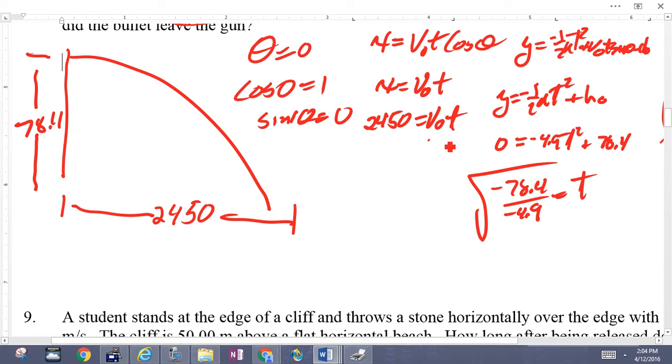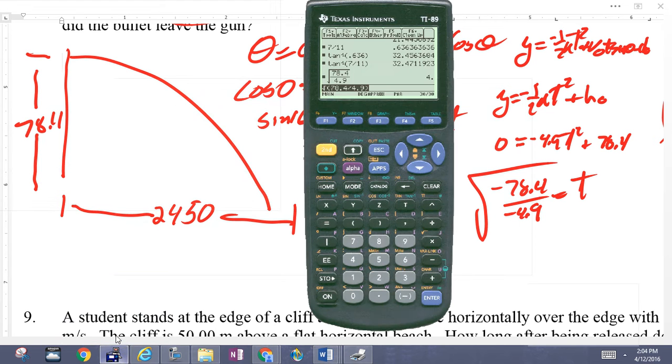And so, since t is equal to 4, I can come right here and say 2,450 divided by 4, which is my time, will be my initial velocity, and that'll take care of that, right? So 2,450 divided by 4 is my initial velocity, and that is going to equal 612.